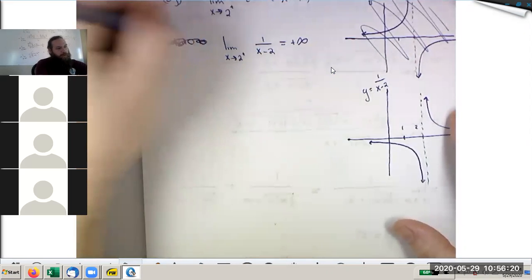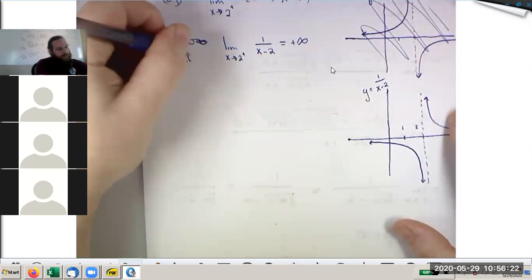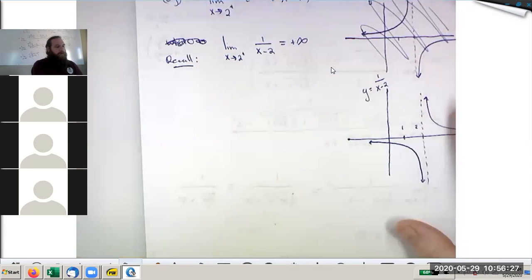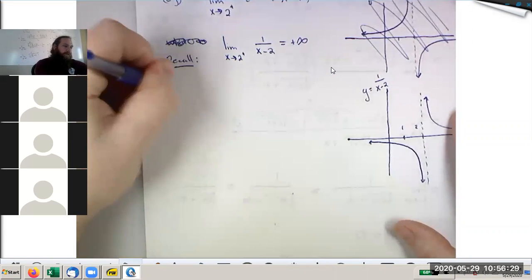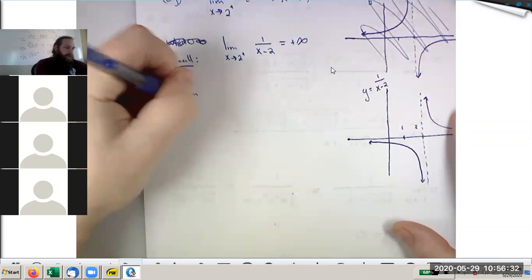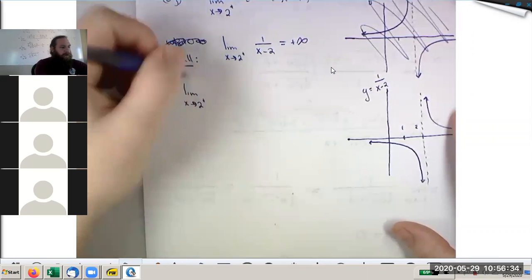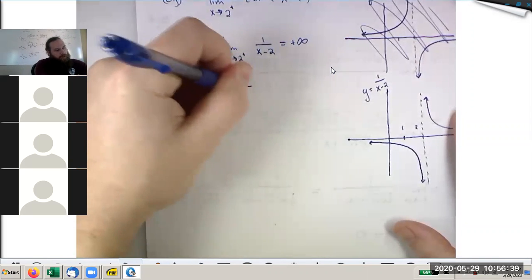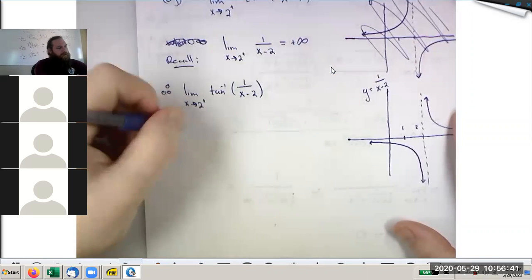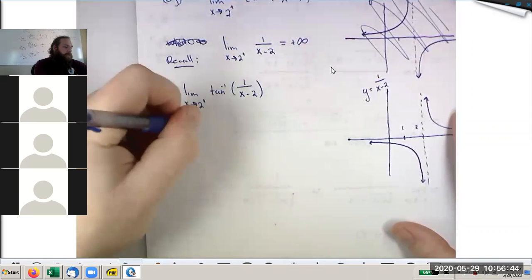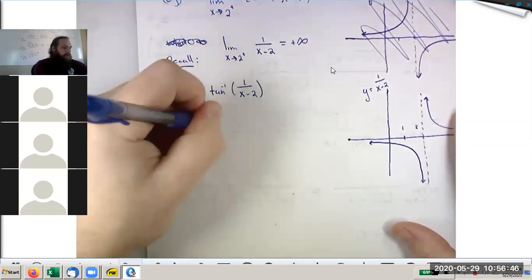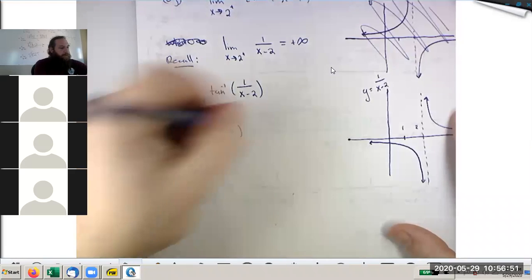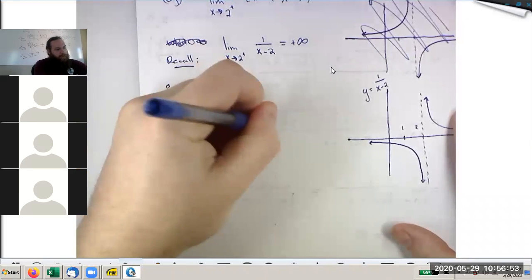So we could say observe or recall: the limit as x goes to 2 from the right of 1 over x minus 2 is plus infinity. Therefore, the limit as x goes to 2 from the right of the inverse tangent of 1 over x minus 2. There's kind of two ways to say this. You could either say that it's equal to the inverse tangent of plus infinity, which is pi over 2.